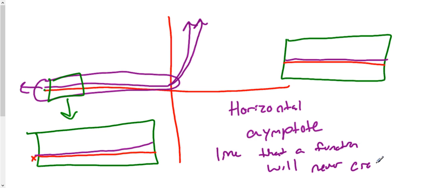The line exponentials will never cross. Every exponential function has this horizontal asymptote. Most of the time it is 0, but it can change depending on the exponential function.